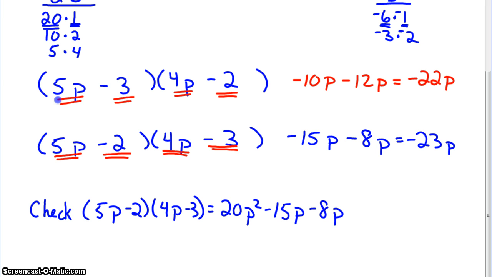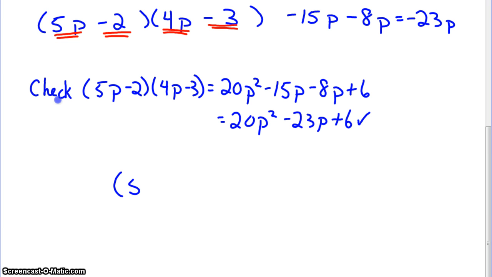And now the last: negative 2 times negative 3 is positive 6. That produces 20p squared minus 23p plus 6. That is the trinomial that we wanted. Therefore, our answer is 5p minus 2 times 4p minus 3.